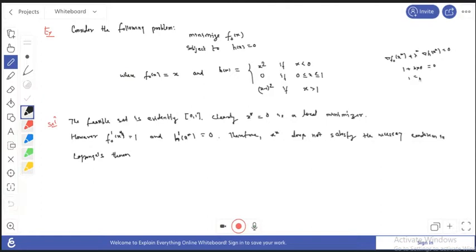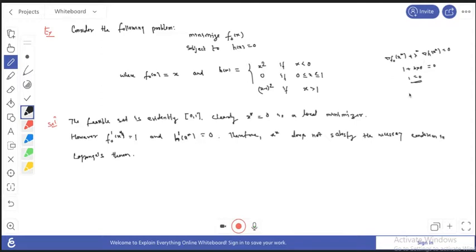So here 1 equals 0. This is not possible. That's why we write that this does not satisfy the necessary condition in Lagrange's theorem. Because in Lagrange's theorem, the gradient of h is not a null vector, and here it is a null vector, so this condition is not satisfied.